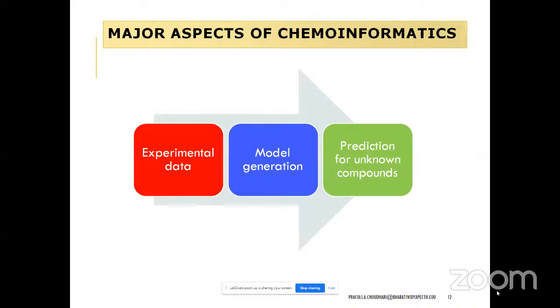So simply we can correlate the physicochemical properties of those beta blockers with the retention factors, and we can identify the mobile phase composition by that simple model generation. So that is the output of chemoinformatics. We must have good experimental data. With the help of this good experimental data, the model can be generated, and this model can be utilized for the prediction of unknown compounds.